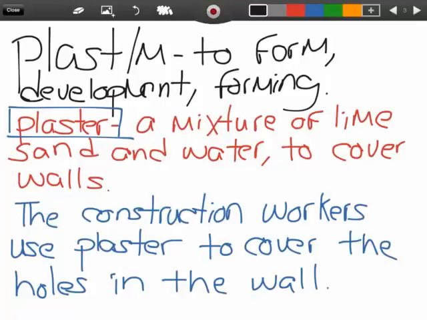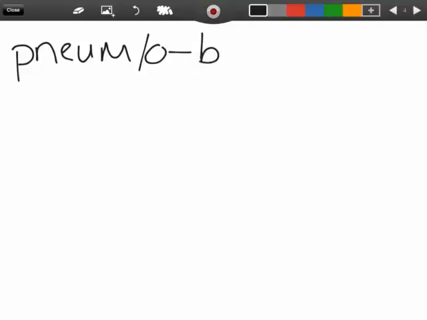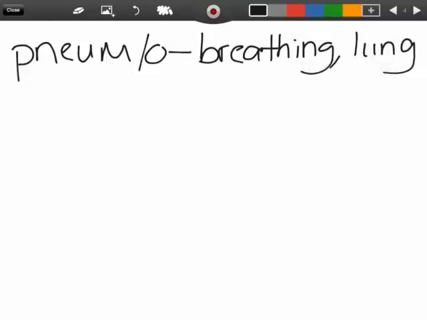Excuse me. Our next root is pneumo or pneumon, meaning breathing, lung, and air.